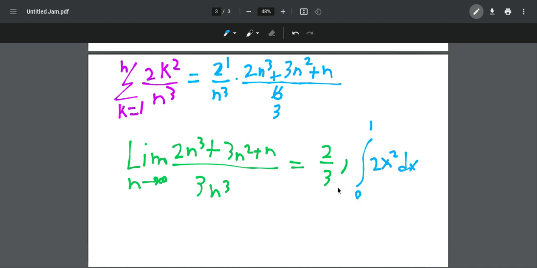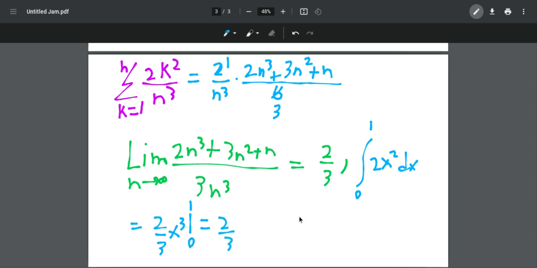Using the power rule, the integral of 2x squared is just 2/3 times x cubed, evaluated from 0 to 1. If we put in 1, we get 2/3 minus 0. This is just 2/3, and we know that our answer is correct.